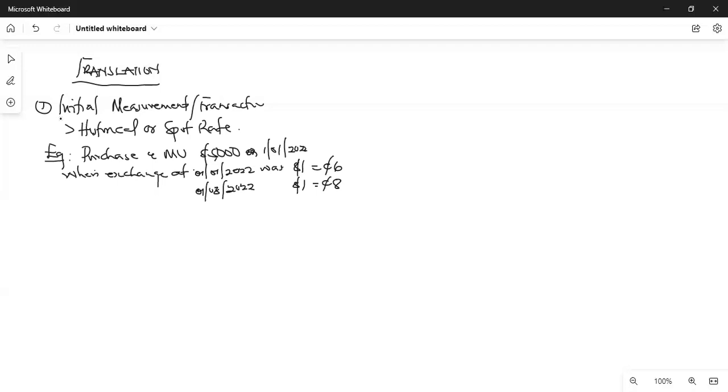The initial measurement is saying that you will have to record the transaction. So this one, if your presentation currency is in cedis, it means that this asset that you bought, you cannot record it in dollar in your presentation or your financial statement.